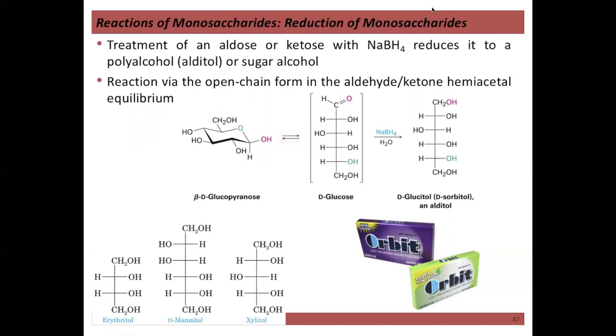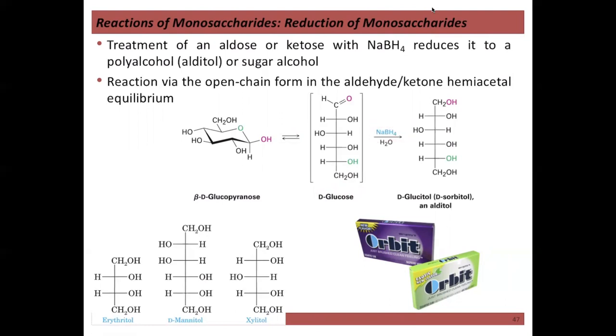So if you happen to take glucose or glucopyranose or dextrose, all the same thing, and put it in water, you'll get a small amount of the open chain form, roughly 1%. Actually, I think it was 2% for glucose. But that doesn't matter, because what we're doing is exposing it to sodium borohydride.